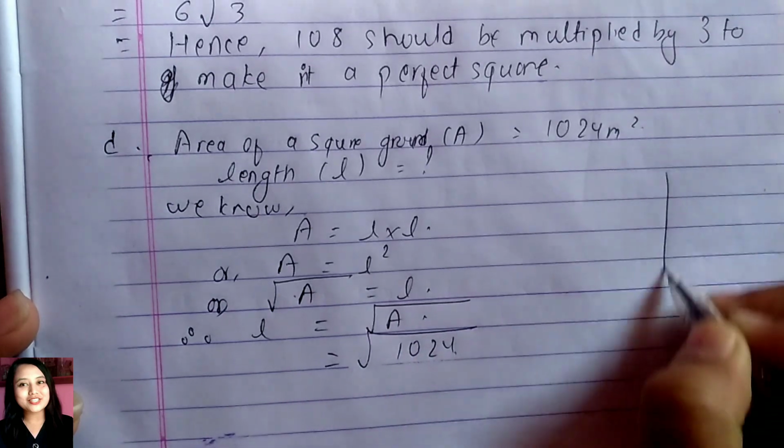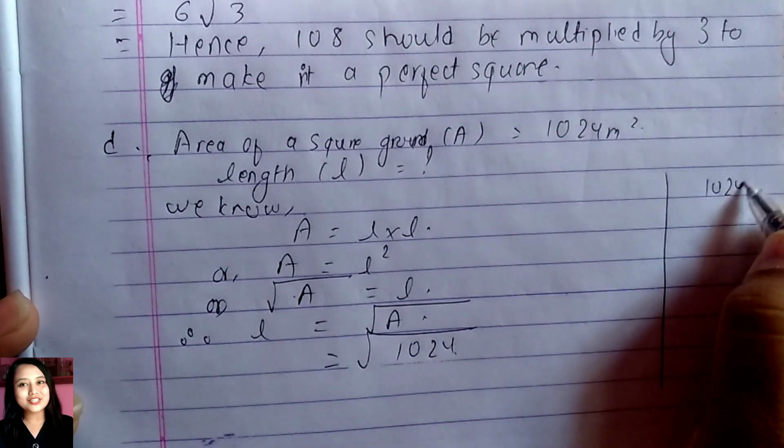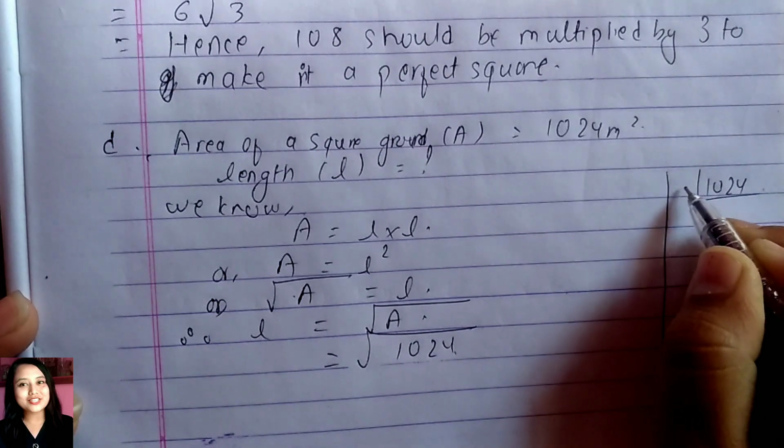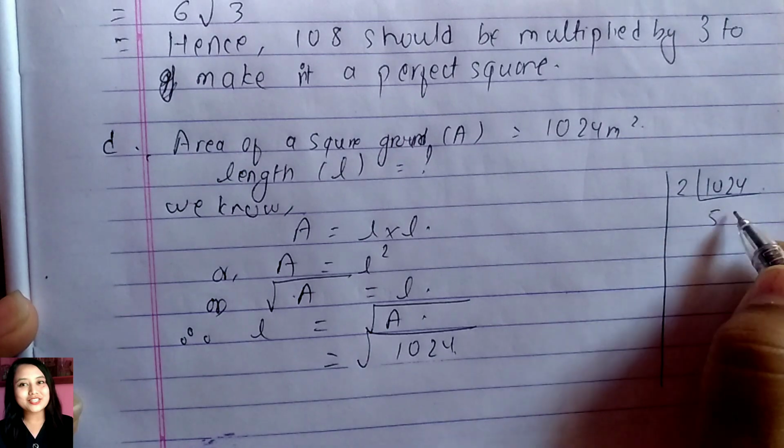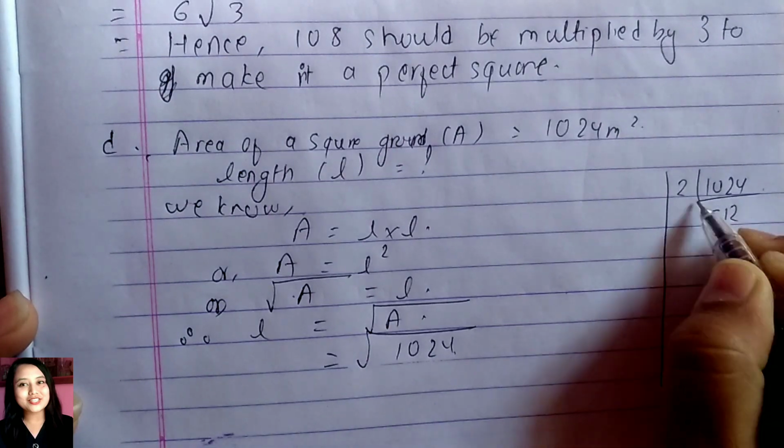So let's try to do the factorization of 1024. Then 2 5s are 10, 2 1s are 2, 2 2s are 4.